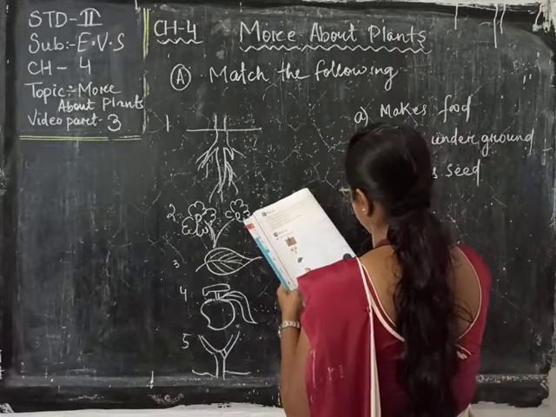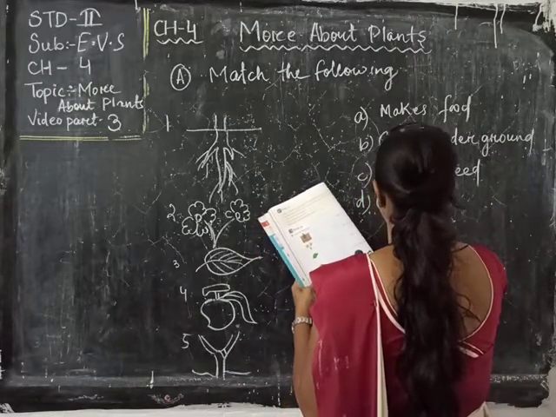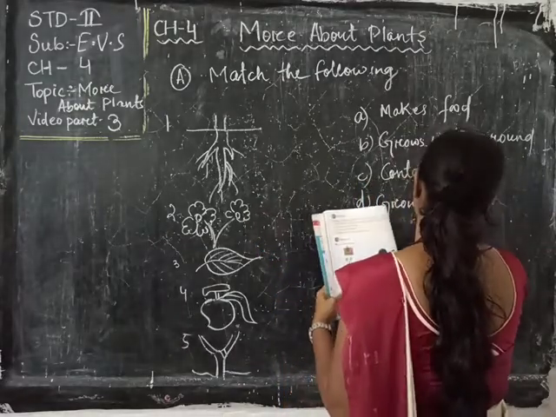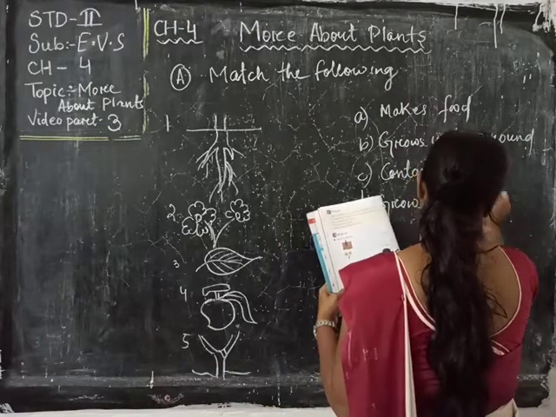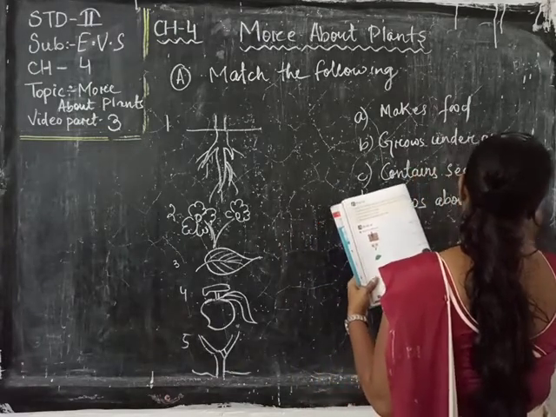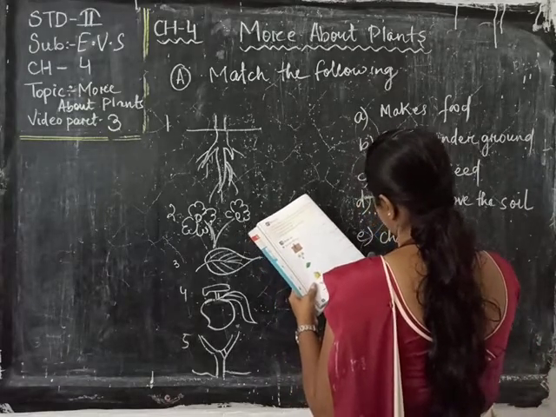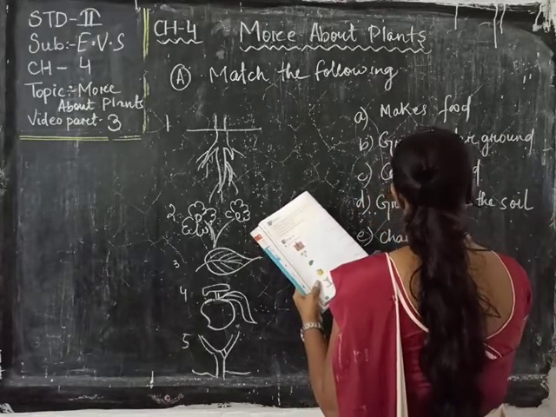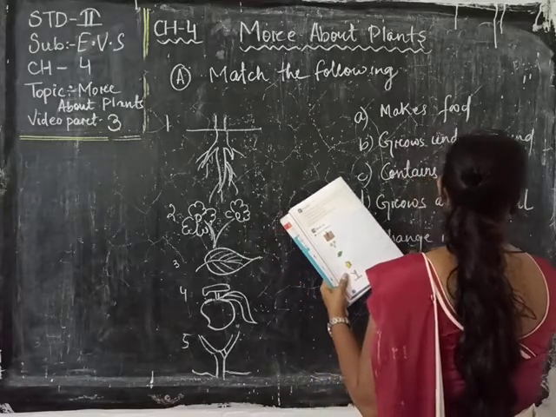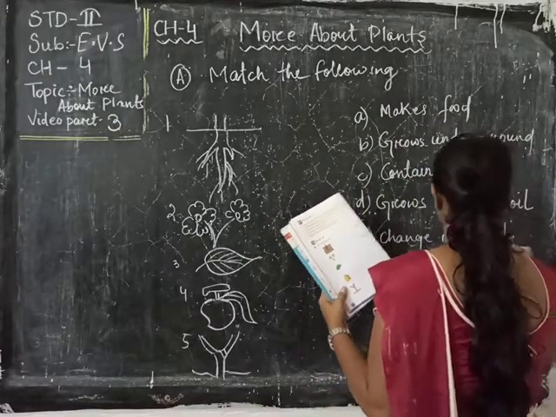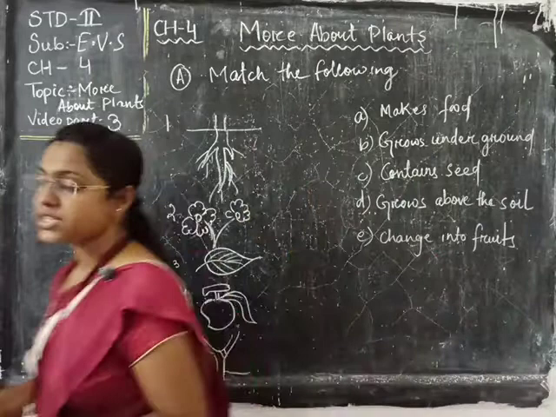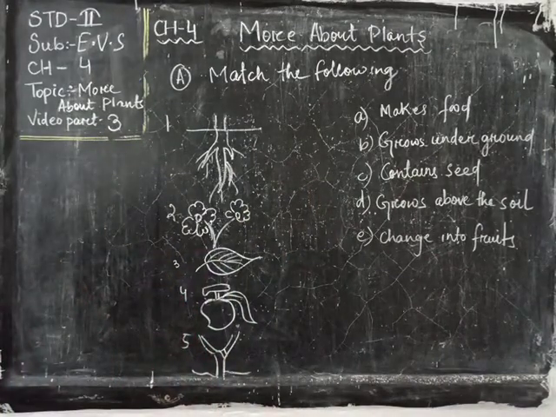Number D grows above the soil. Number E change into fruits. First look at your picture, everyone look at your book.